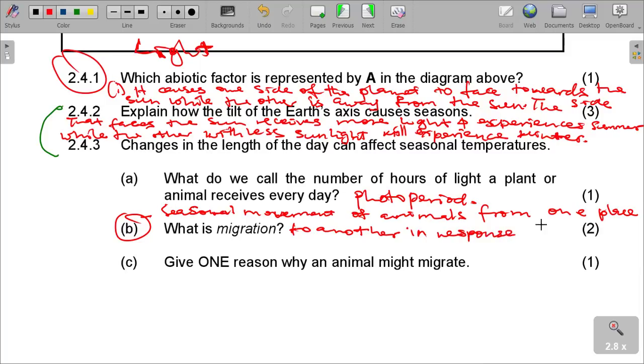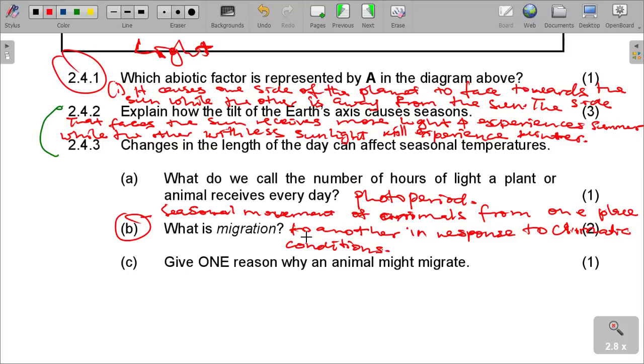The animals are moving as a result of climatic conditions. We call that migration. Even also people, we can talk about the movement of people from one place to another in search of what?